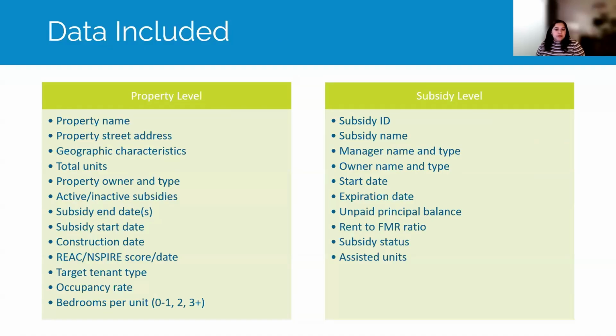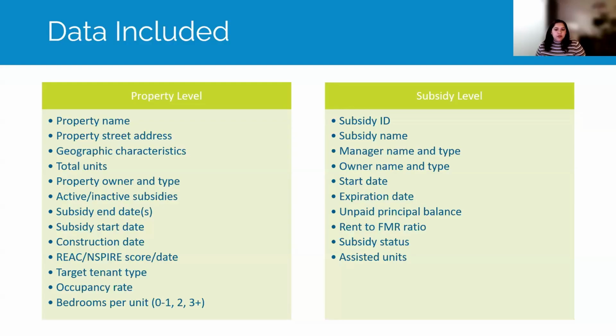And so for the programs that we do have data on, what kind of data can you find in the NHPD about them? Well, you will find both property level and subsidy level information, like the name of the property, address, and other geographic characteristics, the total number of units, the status of the subsidy, so is it active or inactive, the start and end dates for a subsidy, so is exit risk increasing as we get closer to that date.